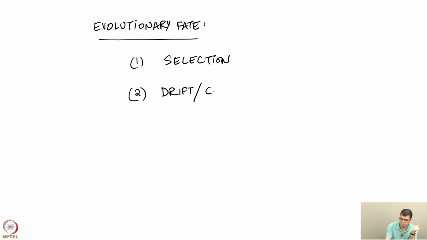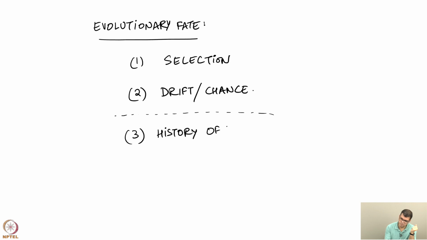That is what we have been discussing so far. However, what this experiment also shows us is that there is an extremely important determinant of evolutionary processes, which is the history of the population, the evolutionary history of the populations.